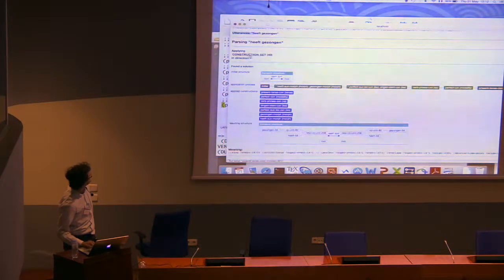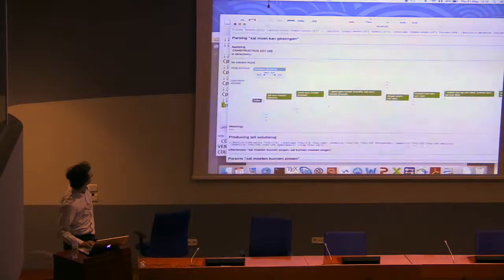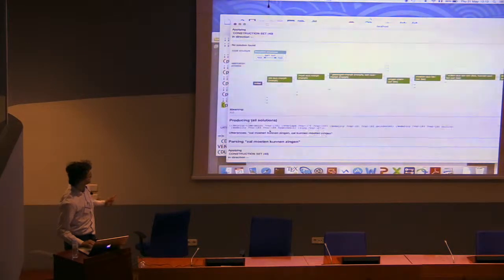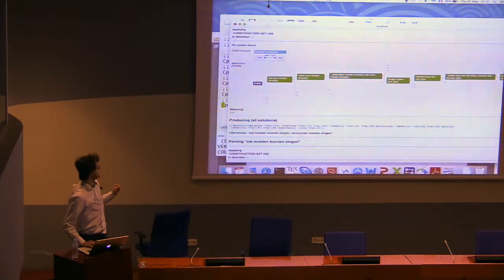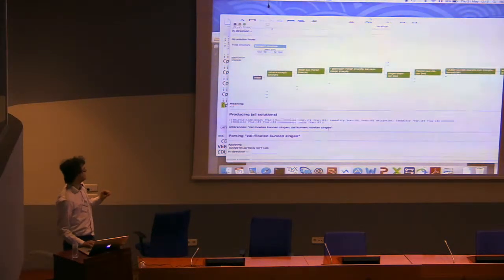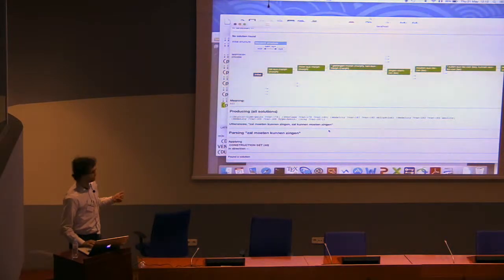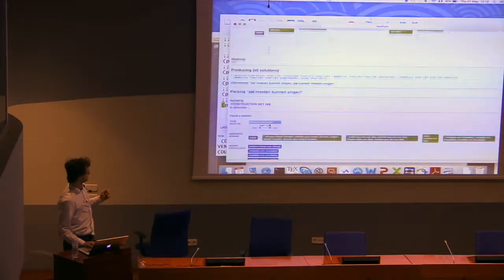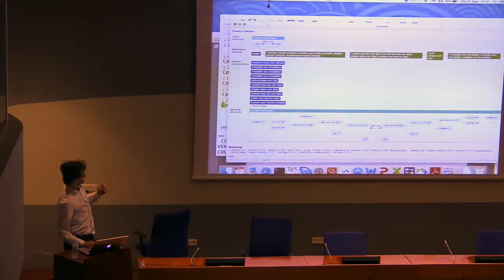Parsing zal, moet, kan, gezongen cannot come up with a structure, uses the partial structure to produce these two utterances, zal, moeten, kunnen, zingen, zal, kunnen, moeten, zingen, and the ranking, which is here the minimal number of word order errors, comes up with this solution, zal, moeten, kunnen, zingen, and the corresponding analysis and meaning network.